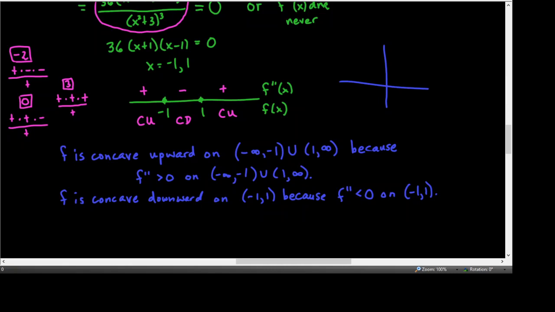It goes like this, and like that, like this. So it's concave upward here, concave downward there, and concave upward there. If you look at the graph, that certainly is pretty clear what's going on.